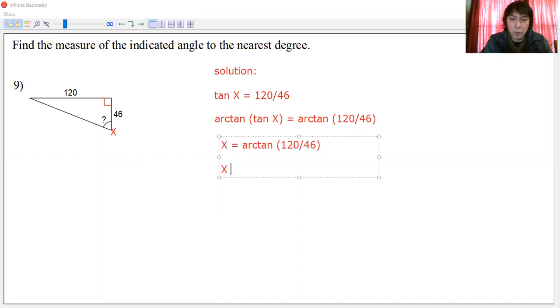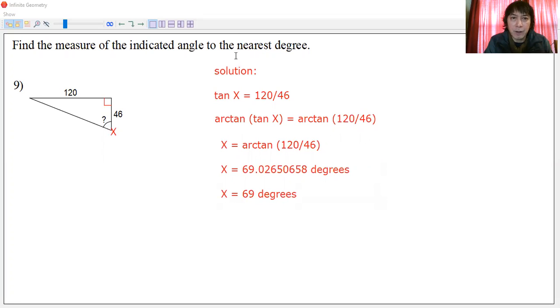All right, so the computed value will be arctangent 120 to 46. We have 69.02650658, and this will be in degrees, and rounded to the nearest degree, this will be 69 degrees.